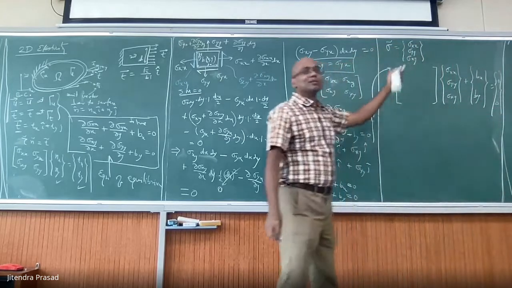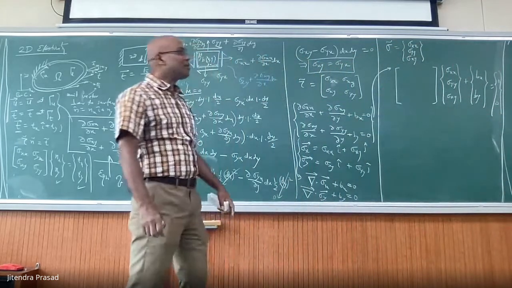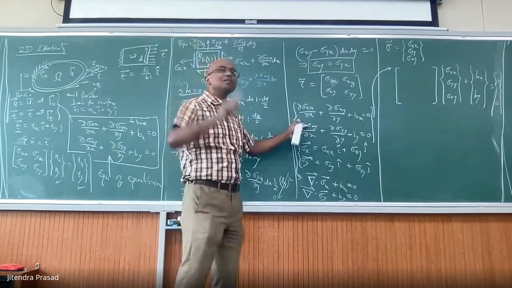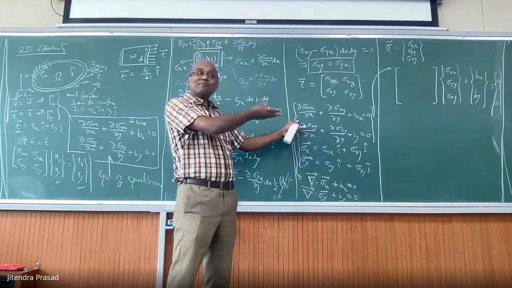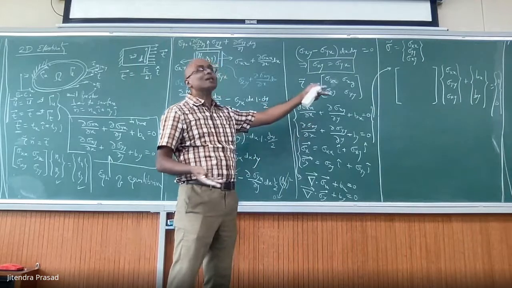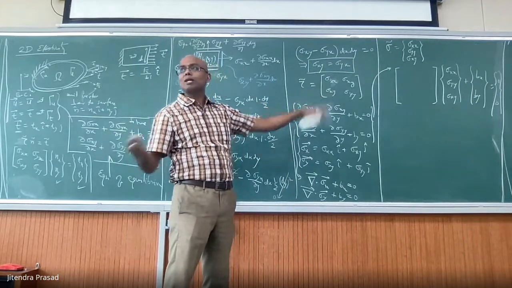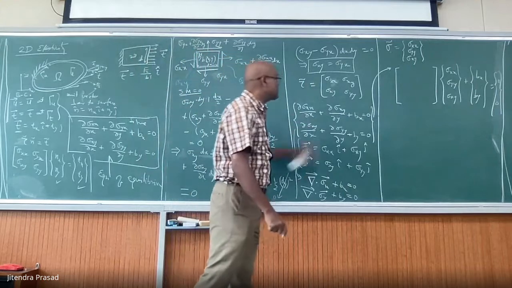Now fill in the blanks here. We are now writing both things in a single equation, right? Although it is a matrix version, both are together. We can combine them in a single equation.